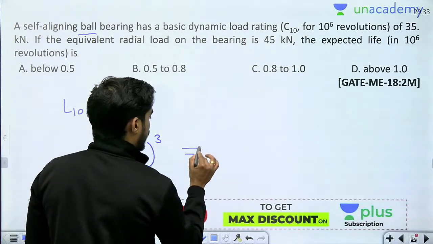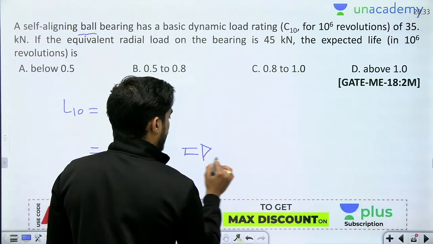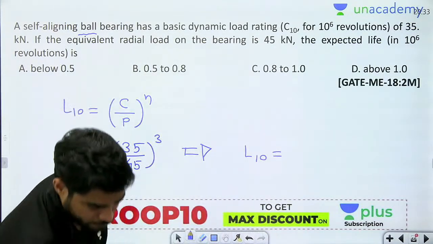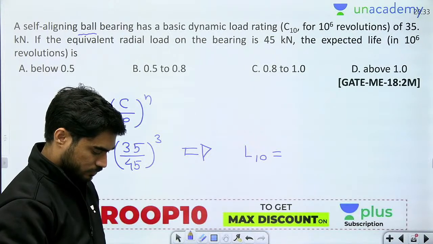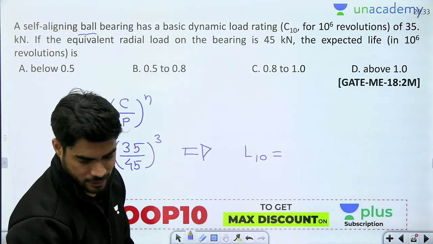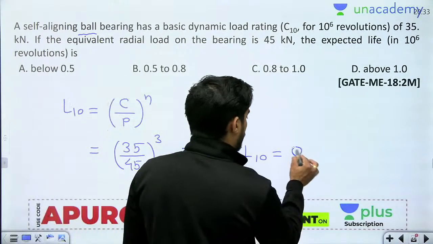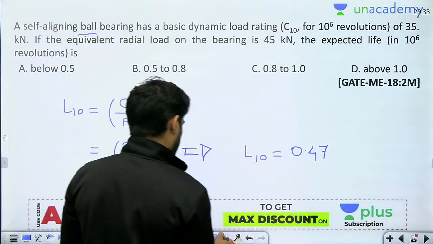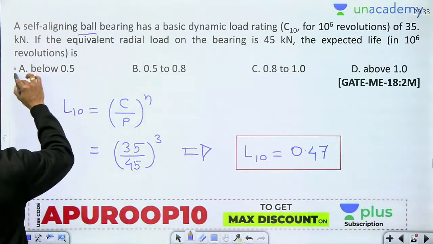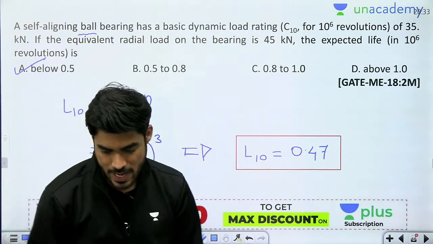So from here what L10 am I getting? 35 by 45 whole to the power 3. It is 0.47, right? So the answer is below 0.5. Yes, A, below 0.5. Very good.